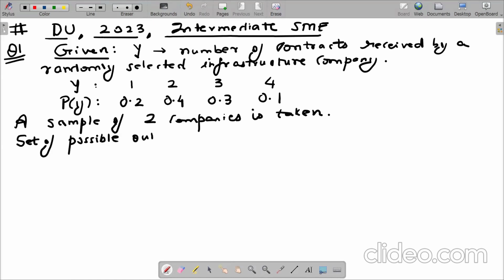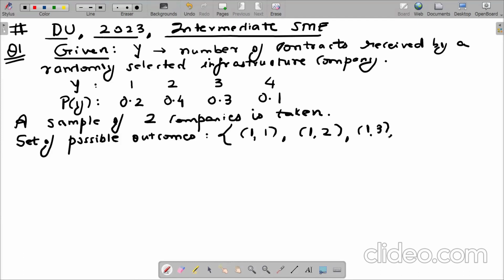The set of possible outcomes is as follows. I can write them in the form of a set. 1, 1 means the first company receives 1 contract and the second company also receives 1 contract. Another option is 1, 2: the first company receives 1 contract, but the second company receives 2 contracts.